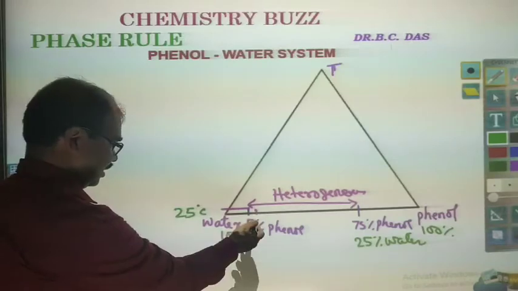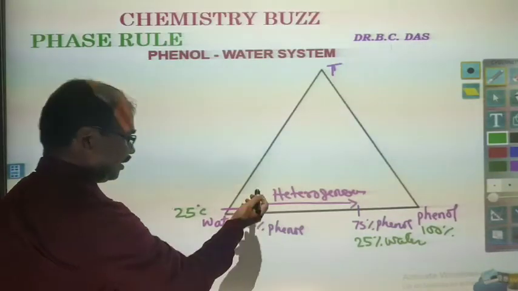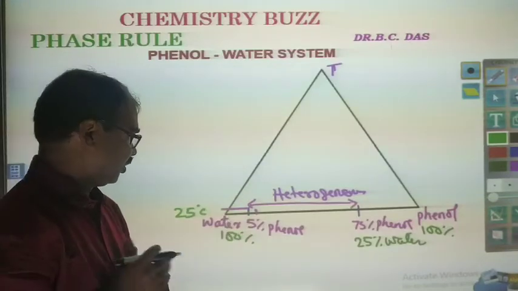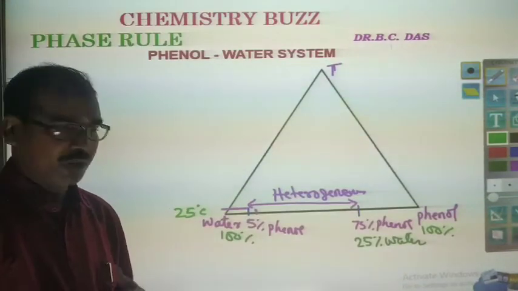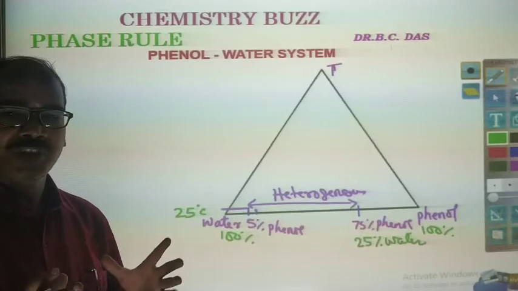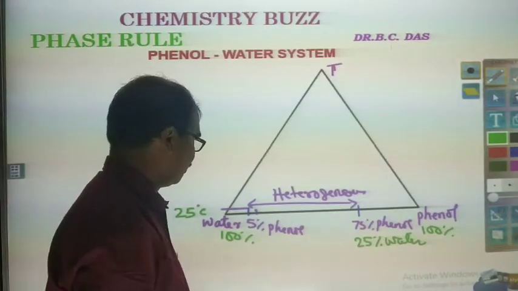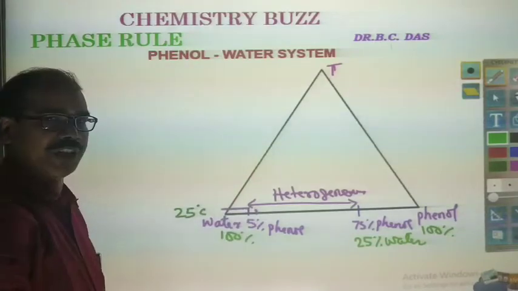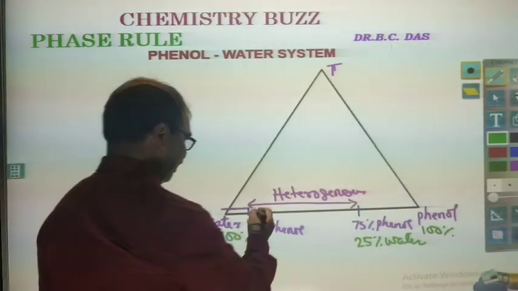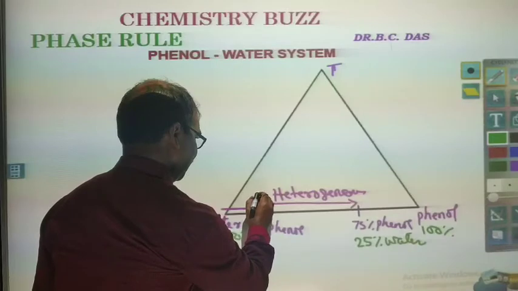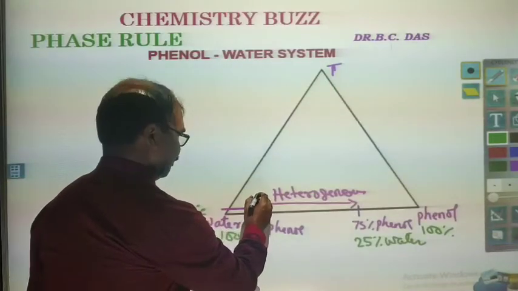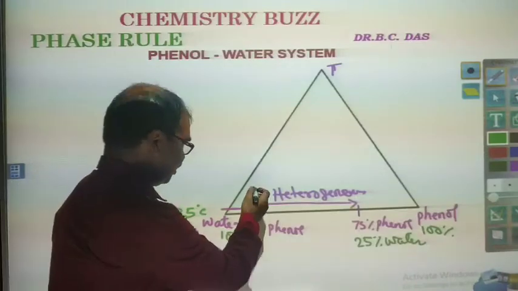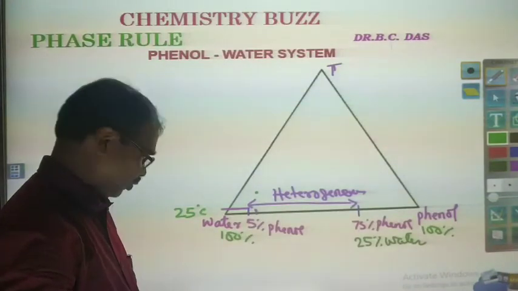So as we have added 1 ml of phenol to 10 ml of water, the percentage composition of phenol becomes 9%, and it becomes heterogeneous. So if we raise the temperature of the mixture, then what will happen? This will become miscible. Okay. If we raise the temperature, this will become miscible.